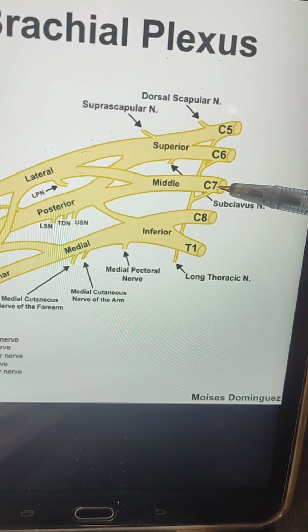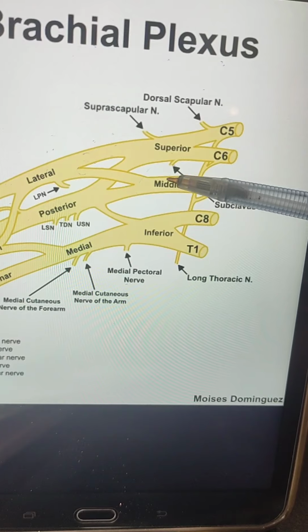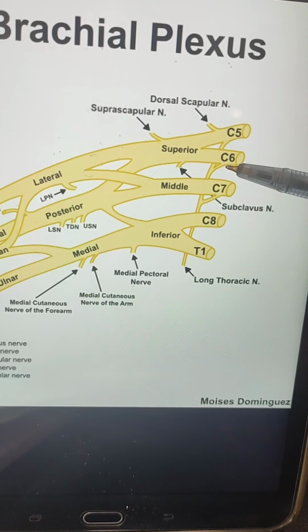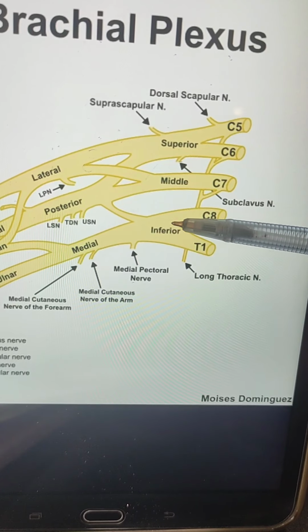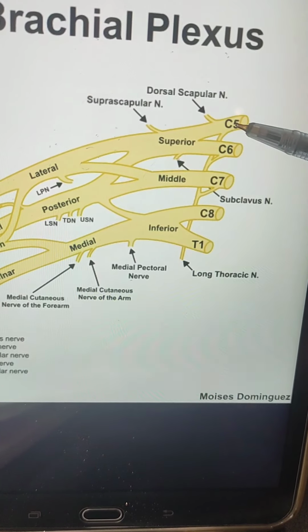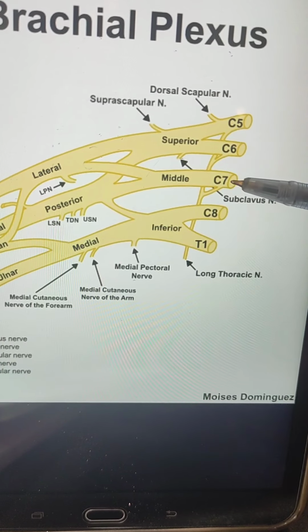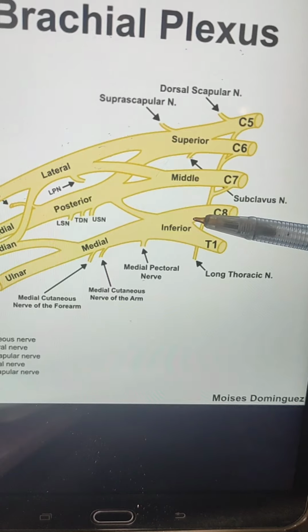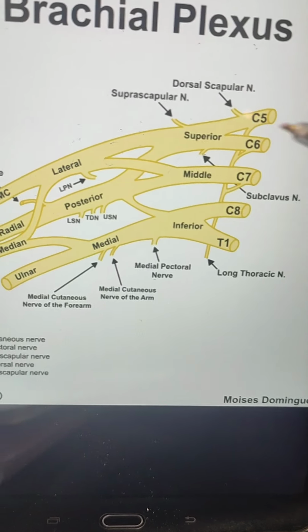C7 is going to be alone and will form the middle trunk, while C8 and T1 will again join like C5 and C6, and form the inferior or lower trunk. So C5, C6 will form the upper trunk, C7 the middle trunk, and C8 and T1 the lower trunk. So upper, middle and lower trunks.